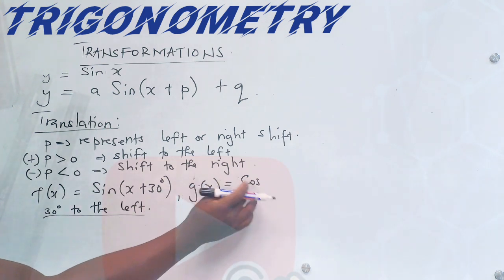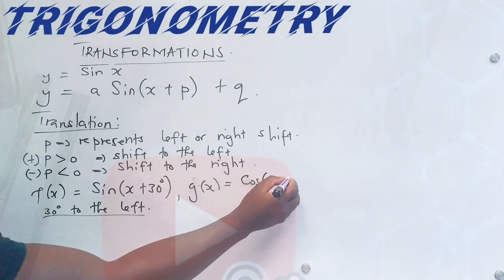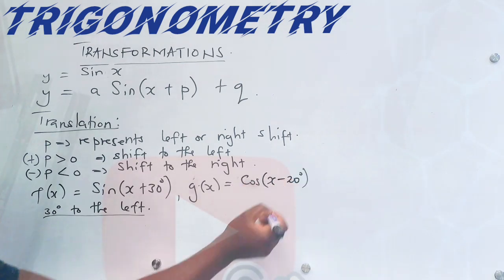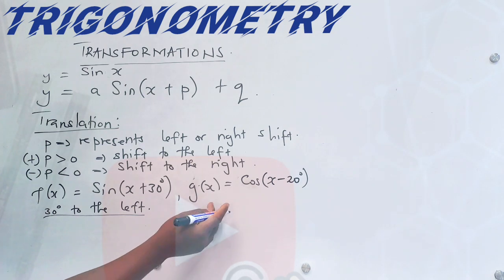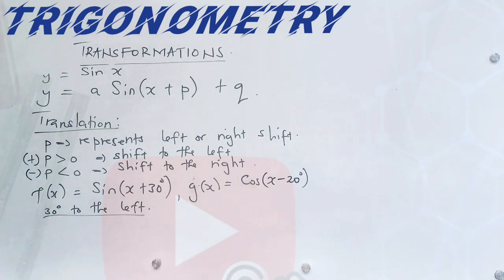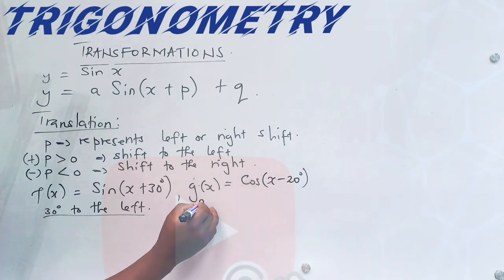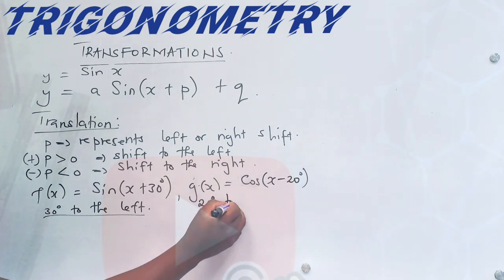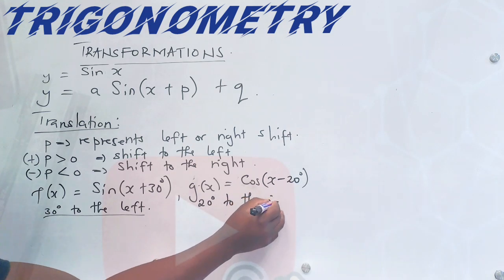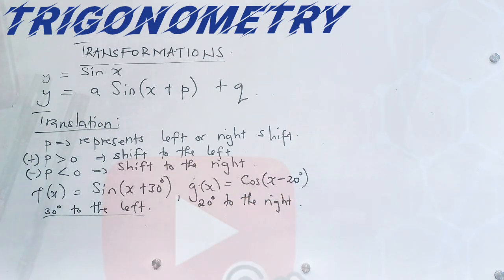So this is for cos of x minus, let me say, 20 degrees. This shows us we have shifted our basic graph, which is cos x, 20 degrees to the right. That's what it means.